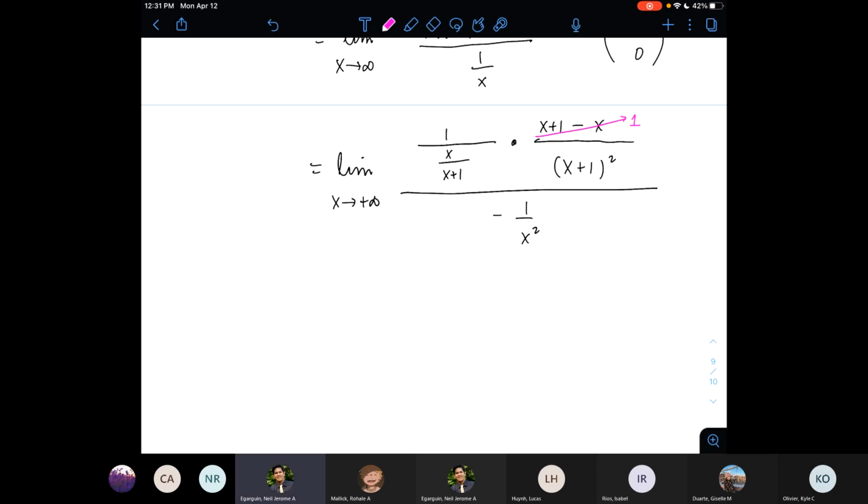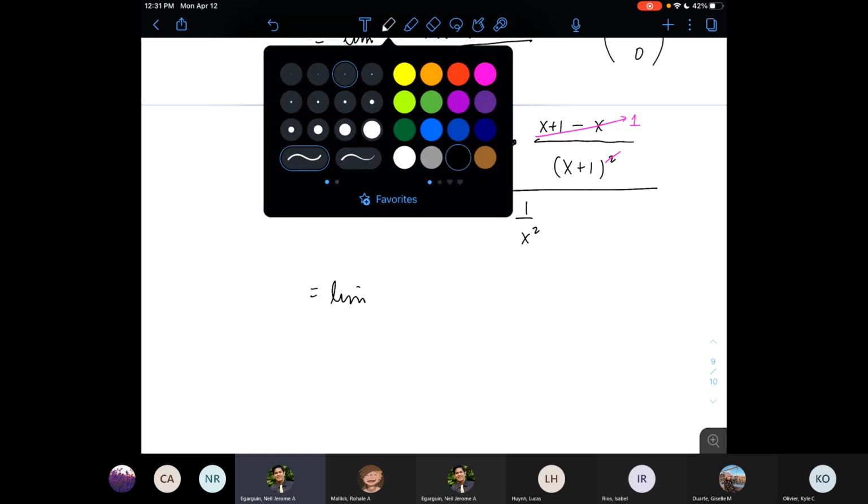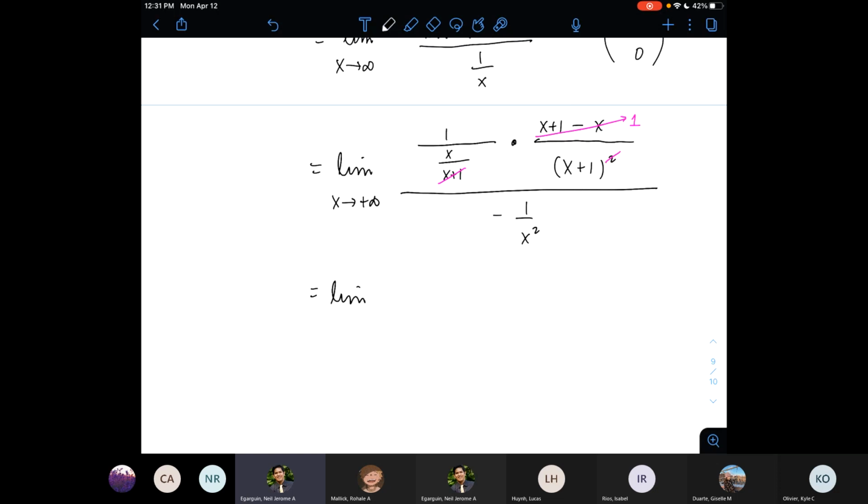Okay, so essentially here, what we get is this. Another thing is that I have an x plus 1 squared here. It will be canceled by one of those guys. So essentially what we have on top would be 1 over x times x plus 1 all over negative 1 over x squared.